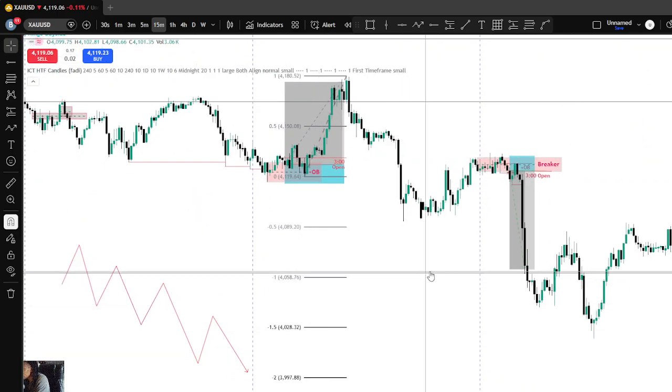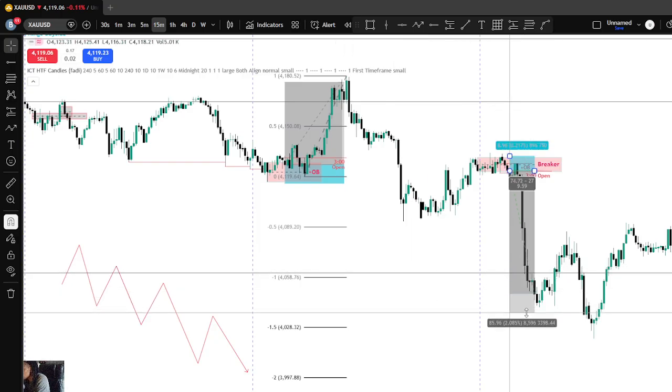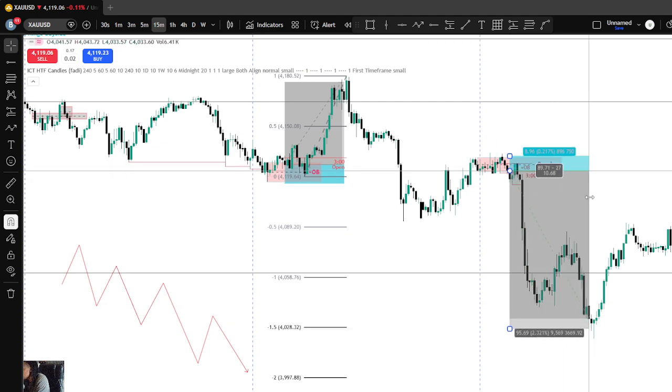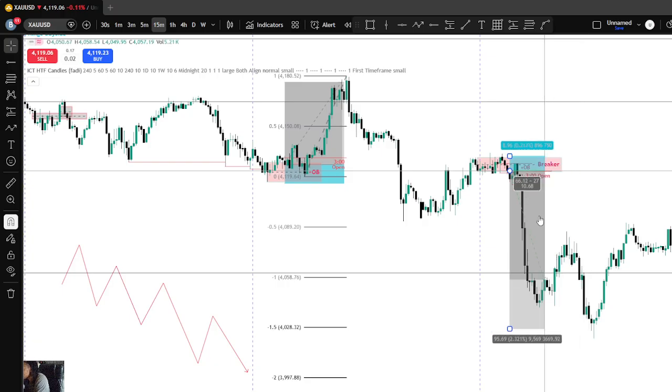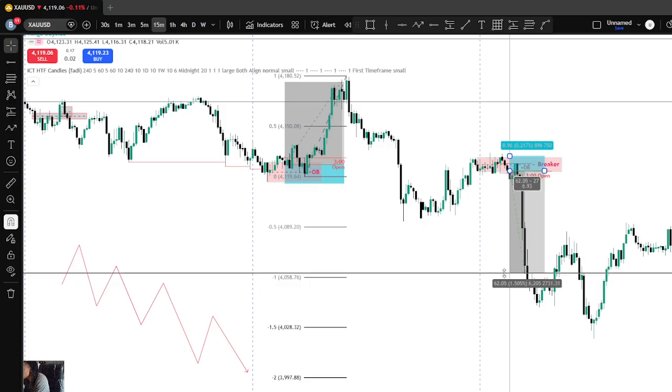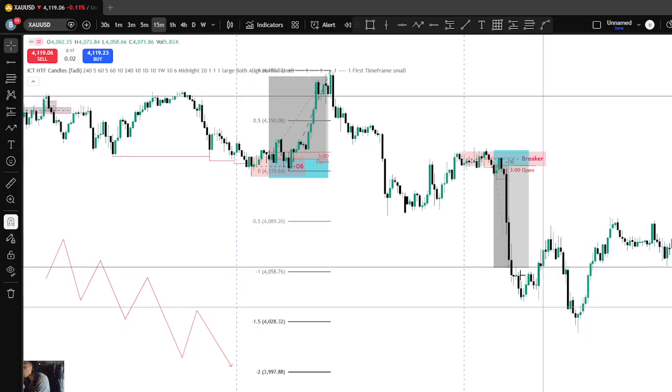I took the trade around this level. You can see the exit was just around there, but the real good exit was around this negative 1.5, which was here. But I can't say I took it off there. I didn't, because sometimes it's better to take off something when you see it.